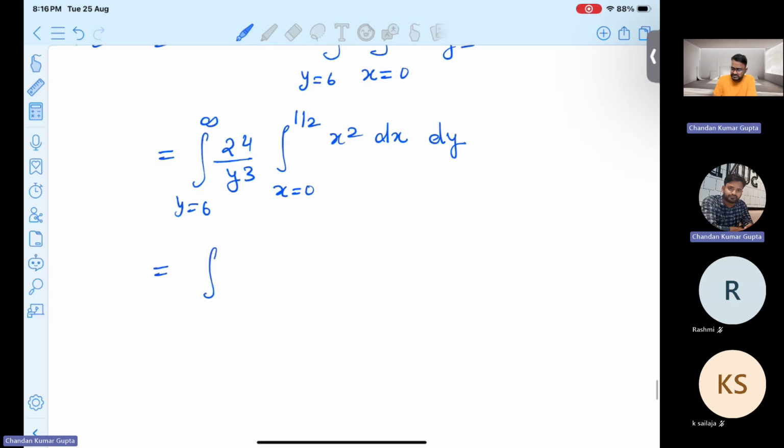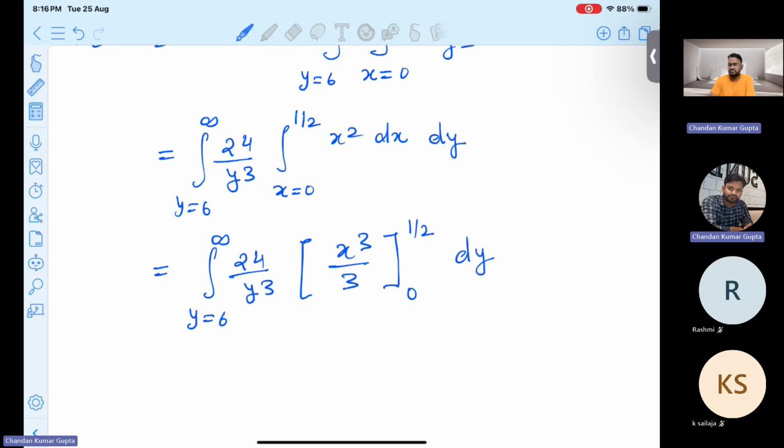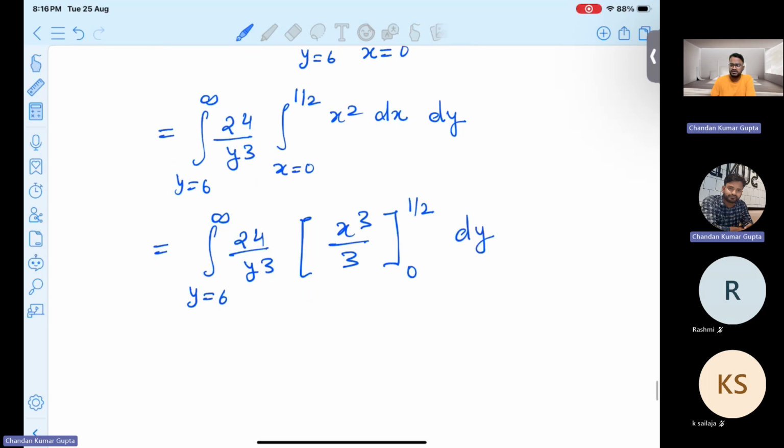The integral of x square is x cube upon 3, and the limit is this to this, dy.